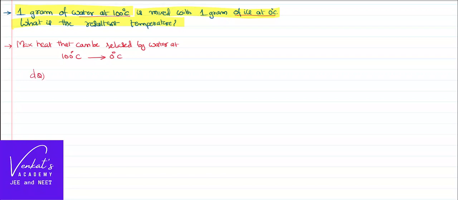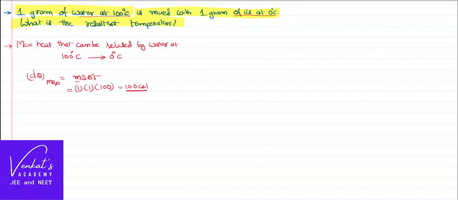So how much heat maximum can it give? Ms delta T. When there is a change in temperature, that's the formula based on the definition of specific heat. Mass is 1. Specific heat of water is 1 calorie per gram per Kelvin. Delta T is 100, so that is equal to 100 calories. So it can give a maximum of 100 calories.